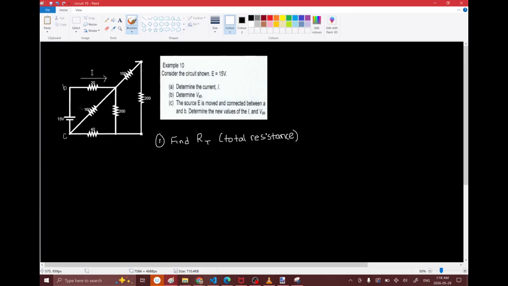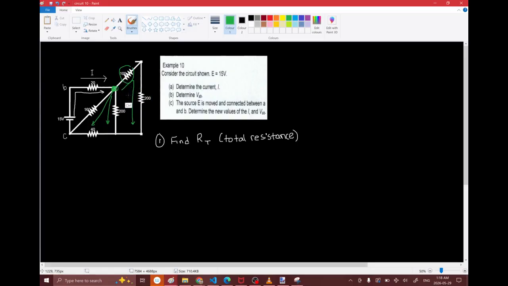Okay, so the current comes out and goes this way, and then you hit this node over here, and that node splits off like this, like this, like this, and like this. So the first thing I would do here is probably combine these two resistors. That's really the easiest way to do it. Because these ones are in series.